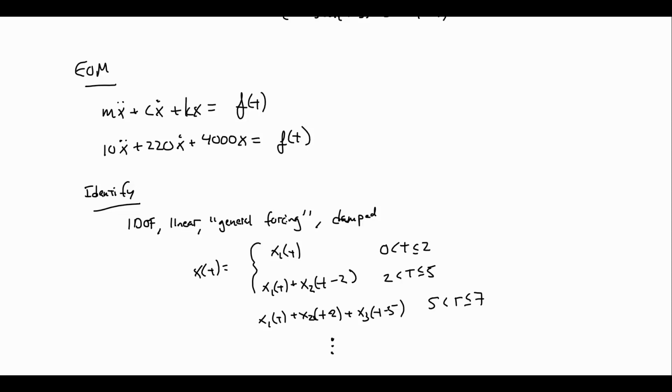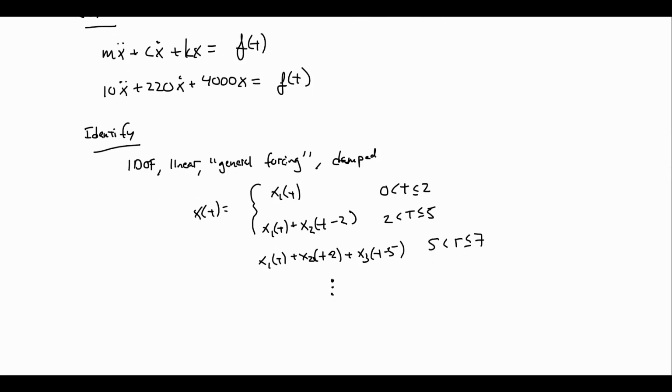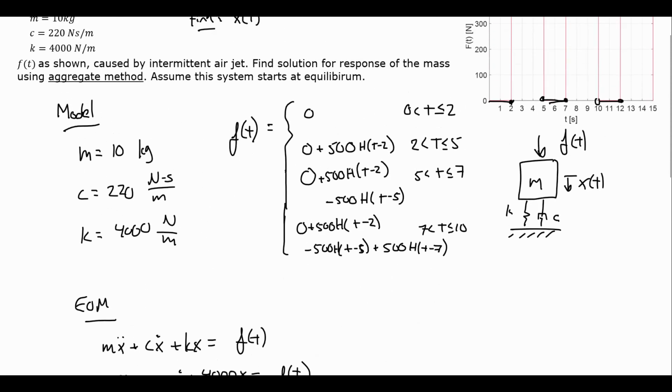Right, so in the piecewise, I'm going to have an x1, 2, 3, 4, 5, as many as I need for all of my cycles. And we'll do a couple of cycles here, but the pattern is going to keep repeating of copying the whole solution from above and adding on that one more term each time that's going to coincide with the forcing term I have each time. So just so it's clear, this is my f1 of t is 0.